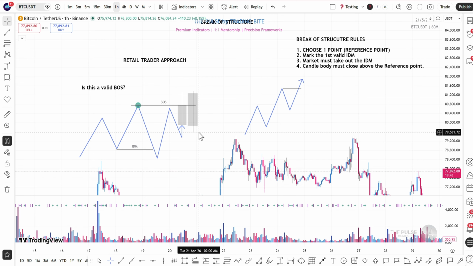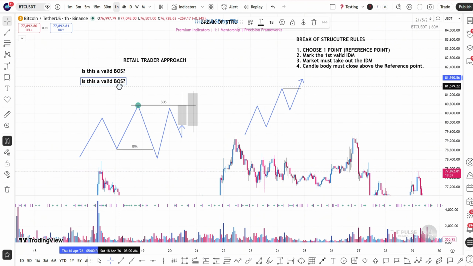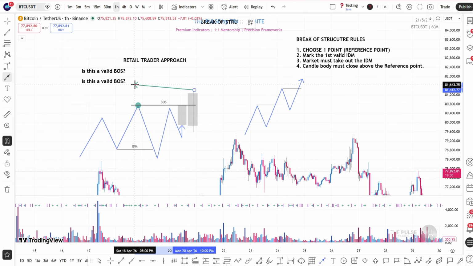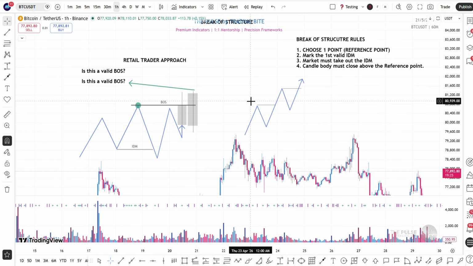Now a full candle body has been closed above our reference point. Is this a valid break of structure or not? So this is the question.